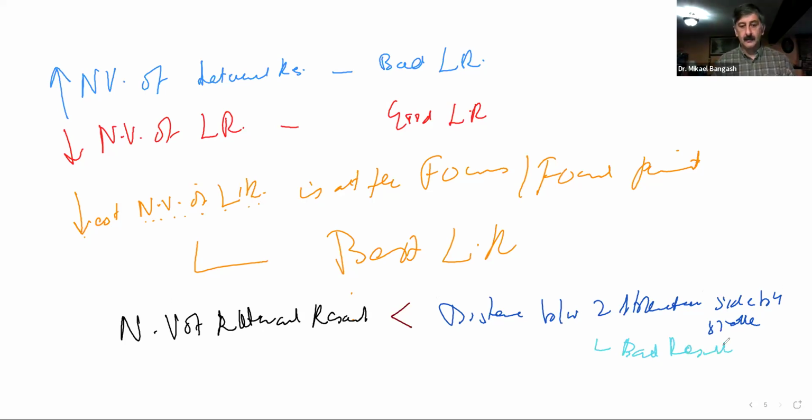In this case, which resolution? Lateral resolution.